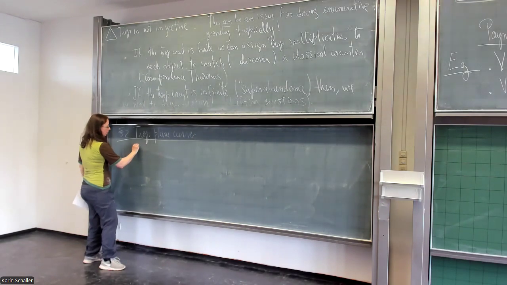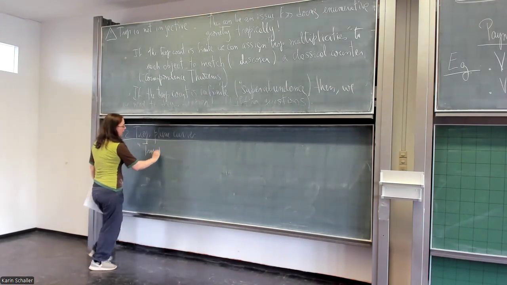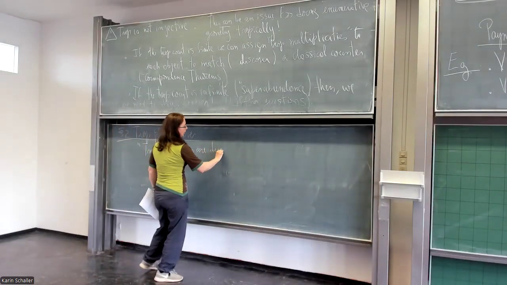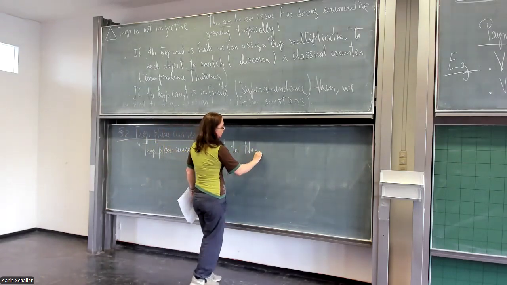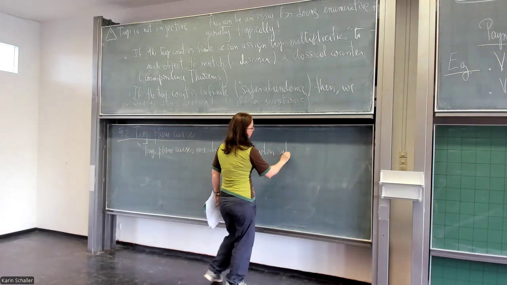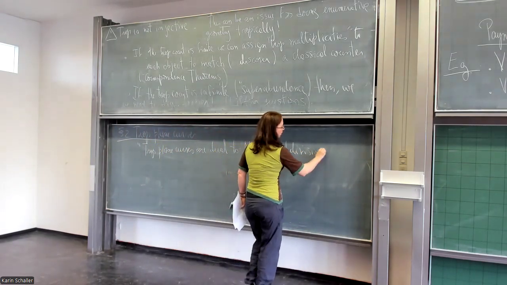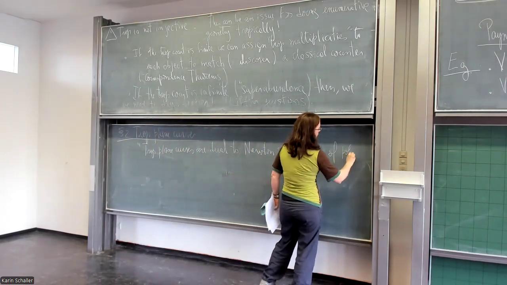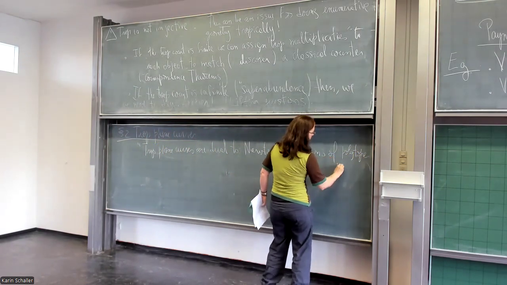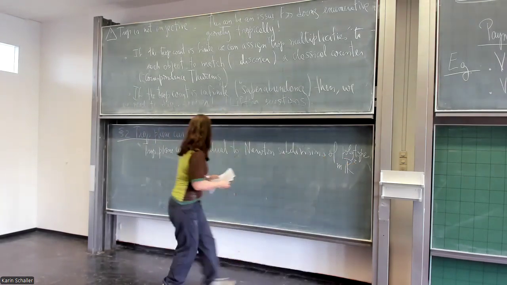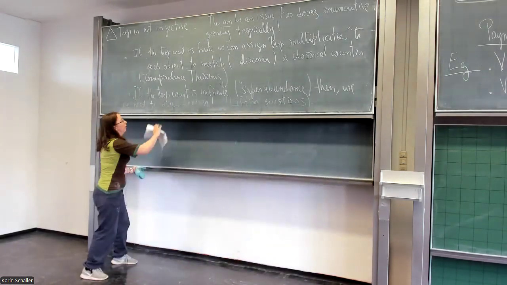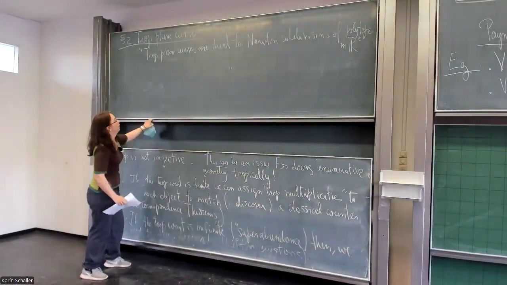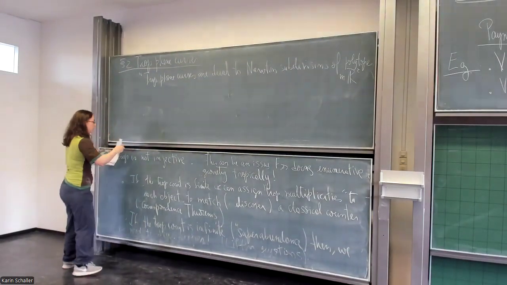So the slogan will be: tropical plane curves are dual to Newton subdivisions of polygons. Let me show you some pictures.